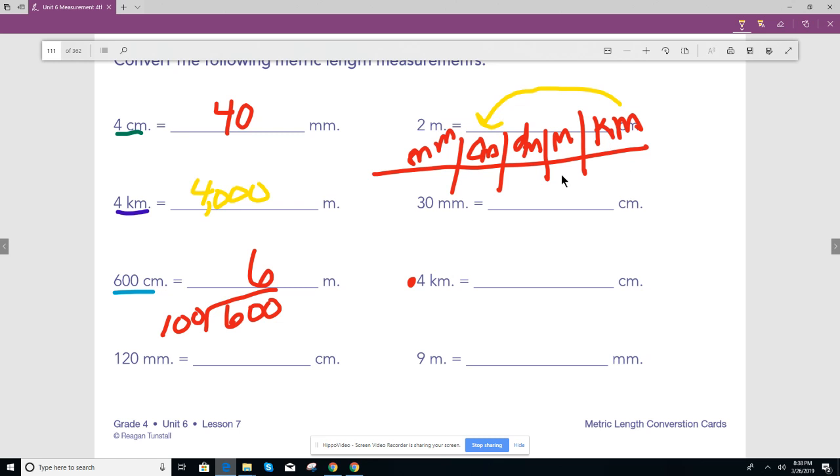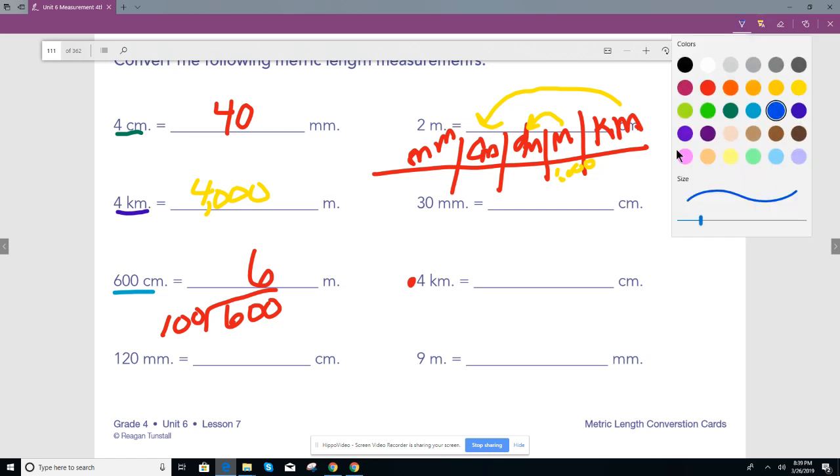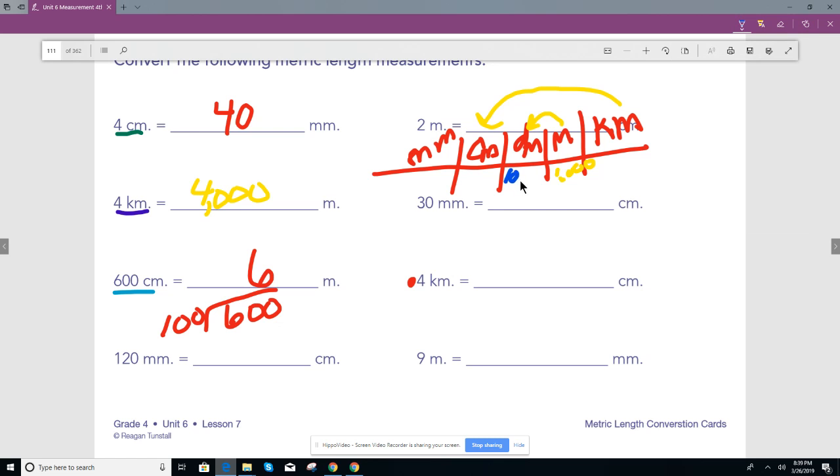A kilometer is 1,000 meters. So I already have to start at 1,000. So 1,000 back a space is times 10. So 1,000 times 10 is 10,000. So this would be 10,000. It would take 10,000 decimeters to make a kilometer. 10,000 times another 10 is 100,000 centimeters.